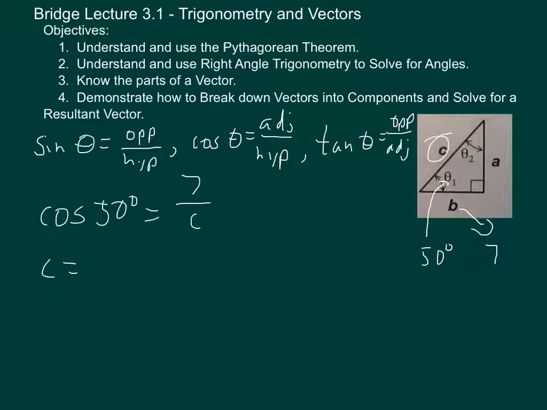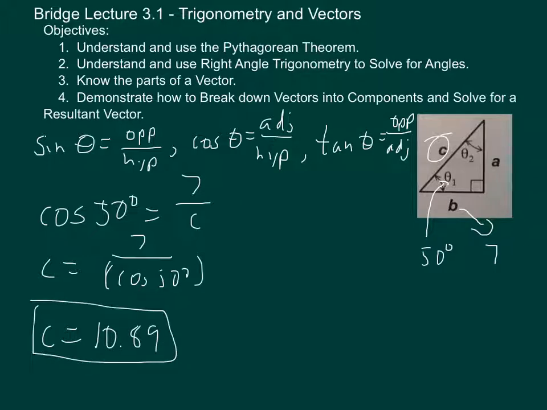C equals 7 divided by the cosine of 50 degrees. Put that into your calculator. C equals 10.89.